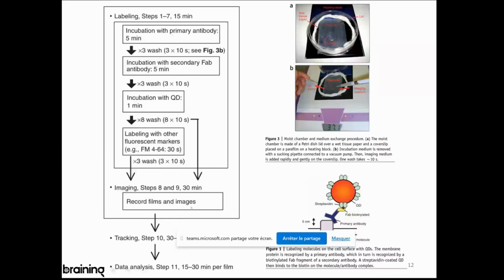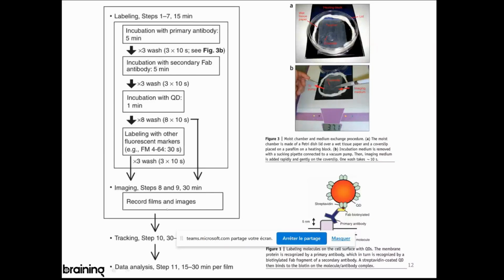So you can accumulate these images and films from different transfected cells on your coverslip. And usually we do that for between 5 and 10 transfected cells. And it takes on average 30 minutes to 1 hour to acquire these 5 or 10 movies.